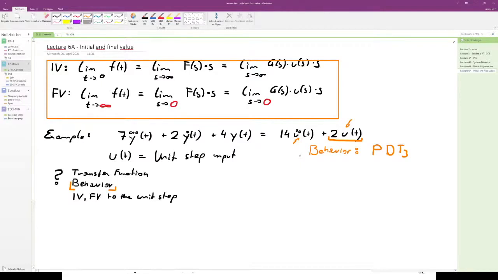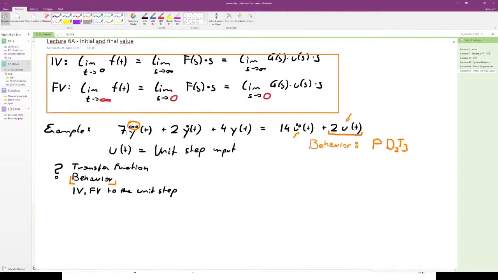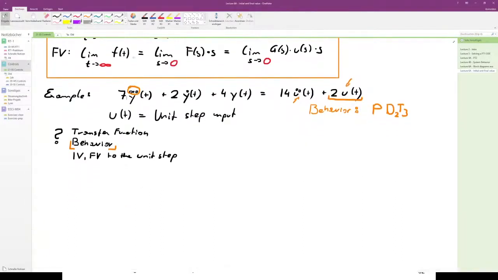If you write just PD2T, you miss the degree of T, but that's okay, I guess. At this point it's probably a typo. We've got the second derivative, so it needs to be D2, and we have the third order of derivative for y, so it's a third order lag. Perfect.